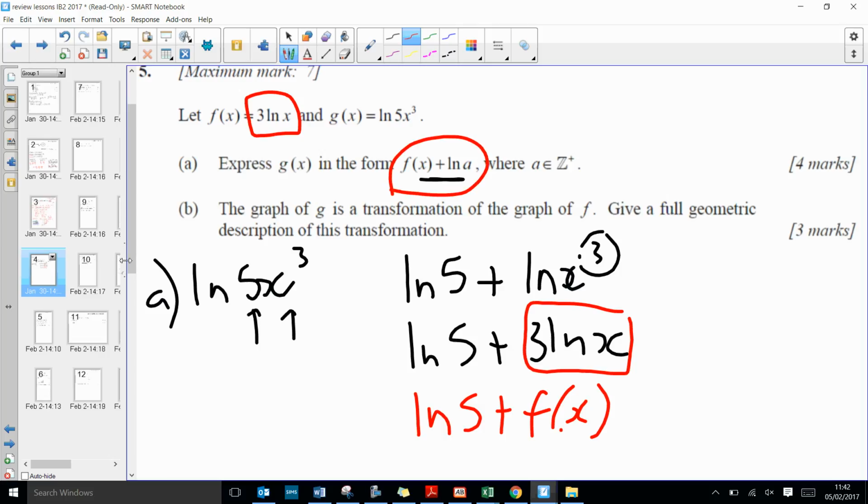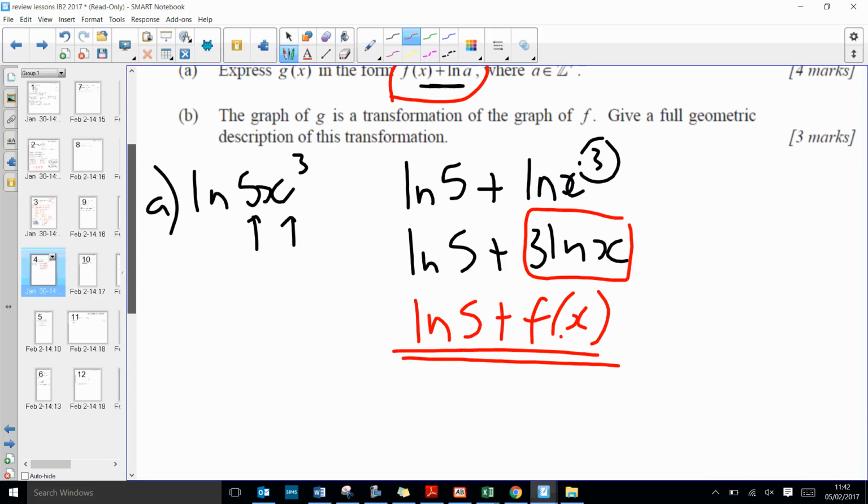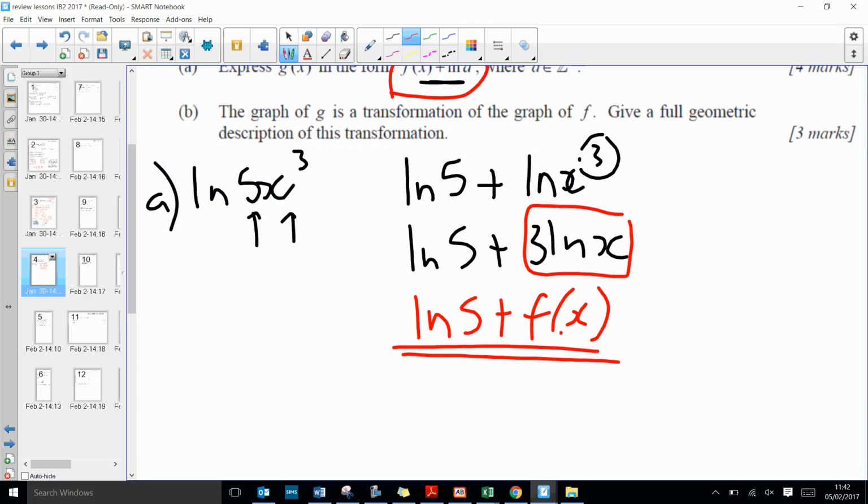B. The graph of g is a transformation of f. Give a full geometric description of this. Well, if we've rewritten it as f(x) plus ln 5, then we know that if we have anything added to a function in transformation world, it means it's moved up or down vertically.